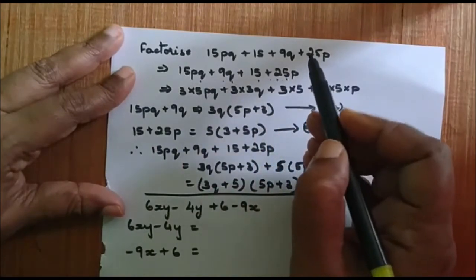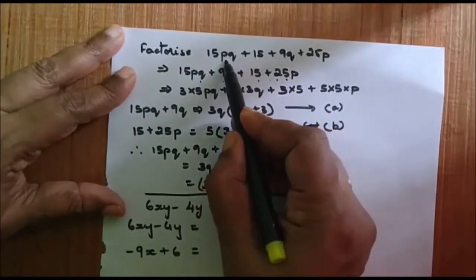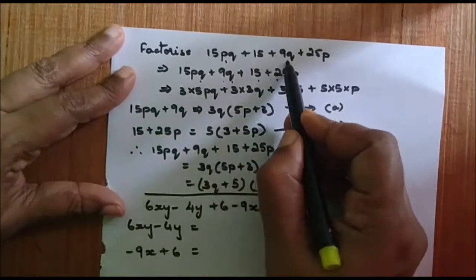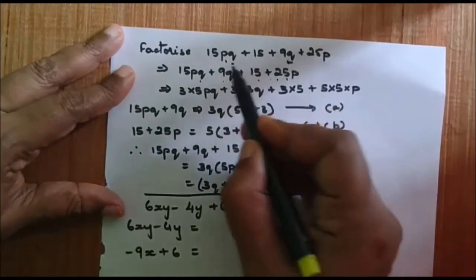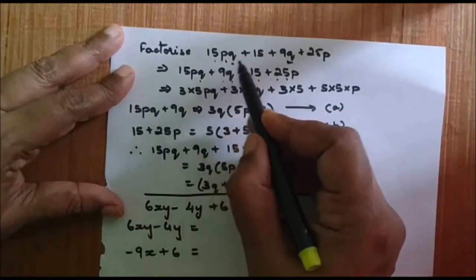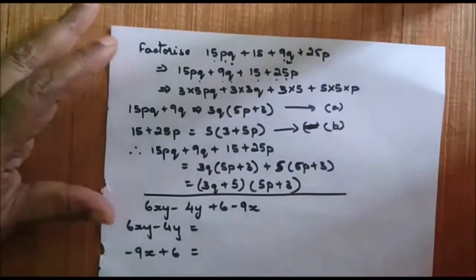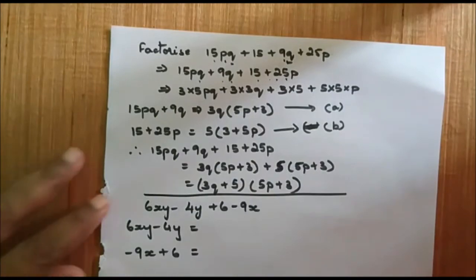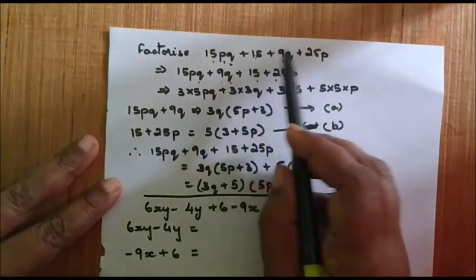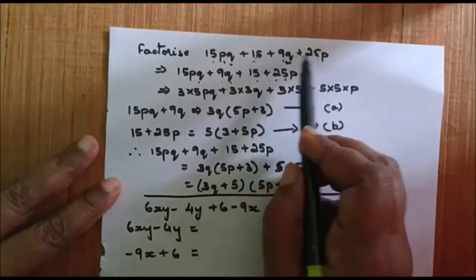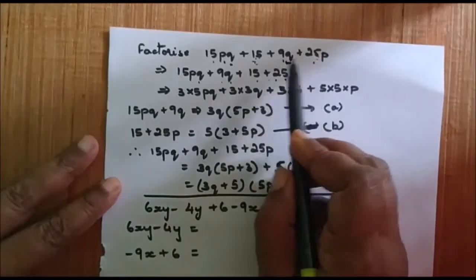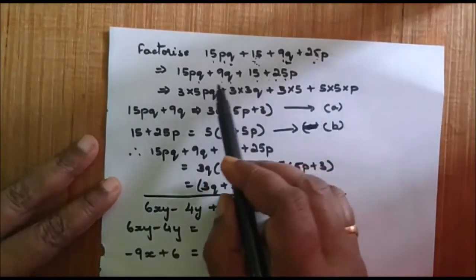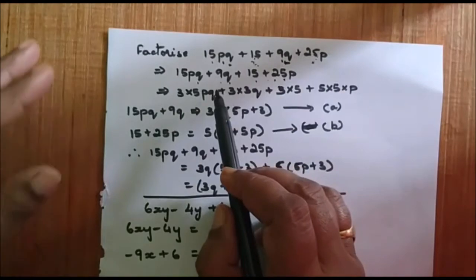Why did I do it like that? Because in 15pq and in 9q, q is common, and 15 and 9 both of them are multiples of 3. Whereas when I combine these two, 5 is common in both these terms. So this way we can rearrange the terms.